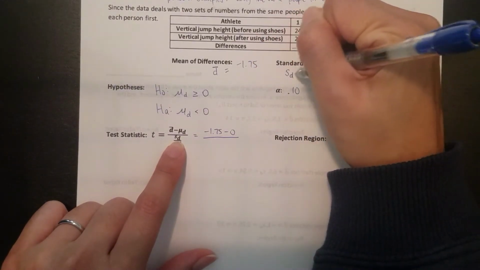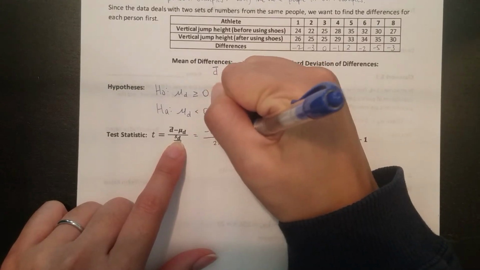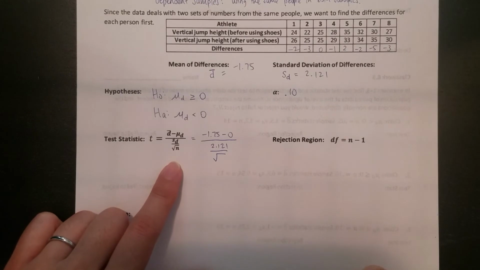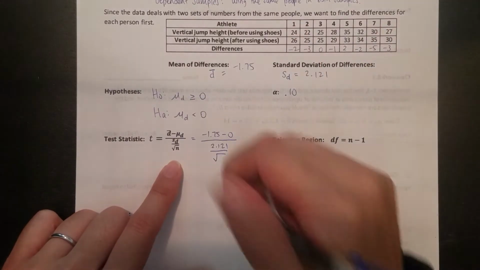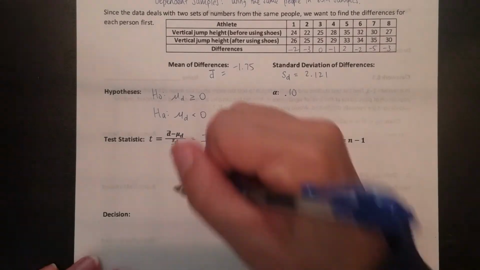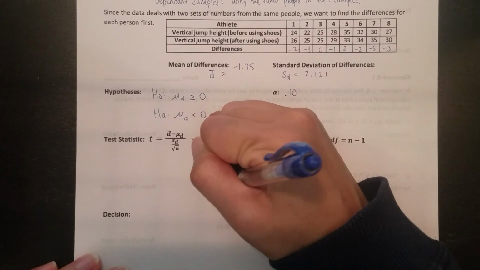That's your standard deviation of the differences that we found up here, divided by the square root of n. n was your sample size, so we had 8 people in our sample. So that'll be our setup for the test statistic. When you do that in your calculator, you should get negative 2.333.